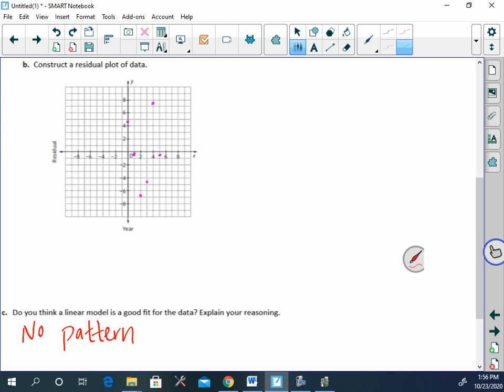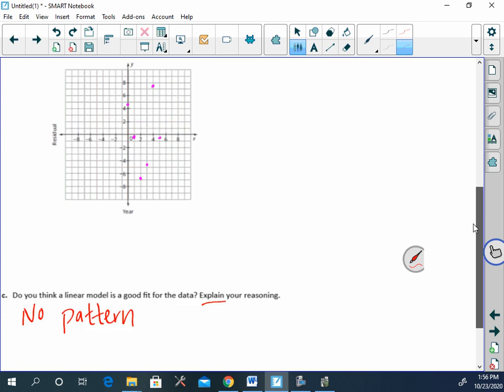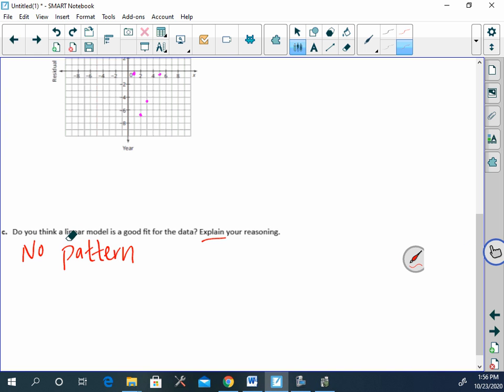That's me explaining why I'm choosing what I'm choosing. If there's no pattern, do you think a linear model is a good fit? The answer is yes, a linear model would be a good fit because there's no pattern in the residual plot.